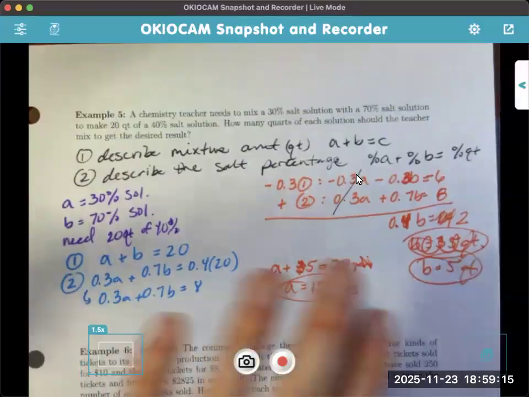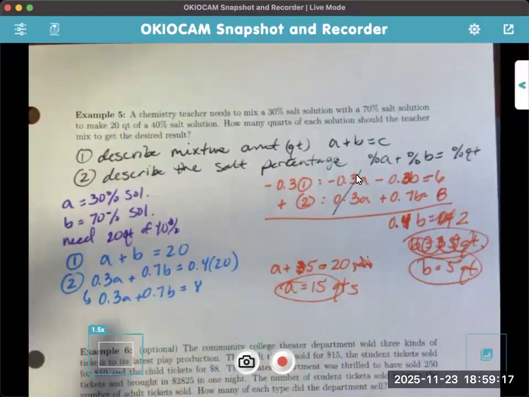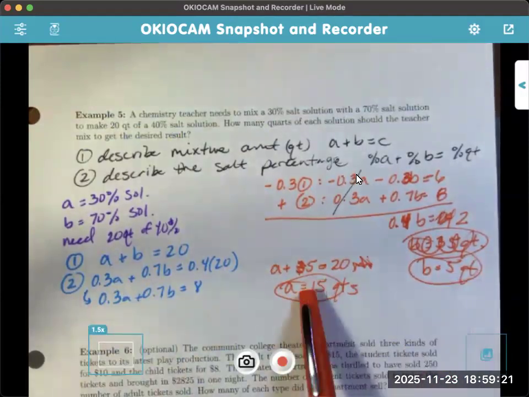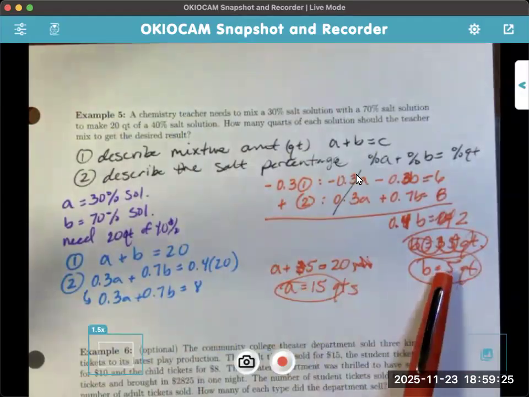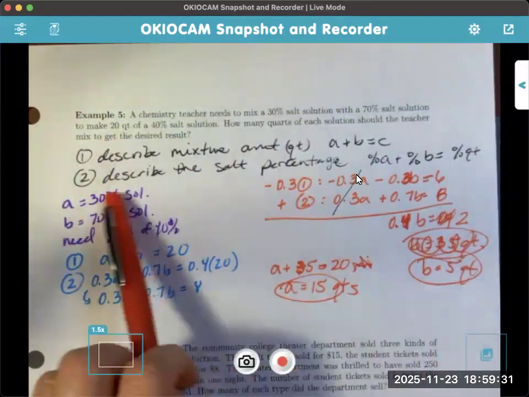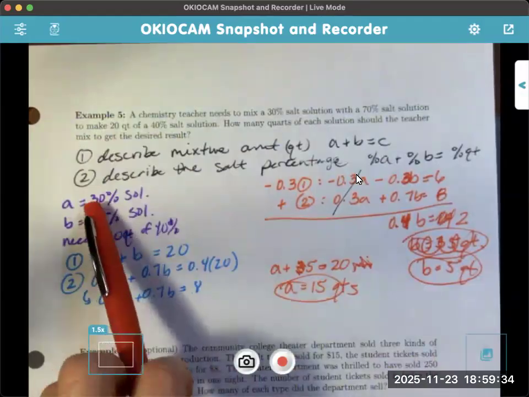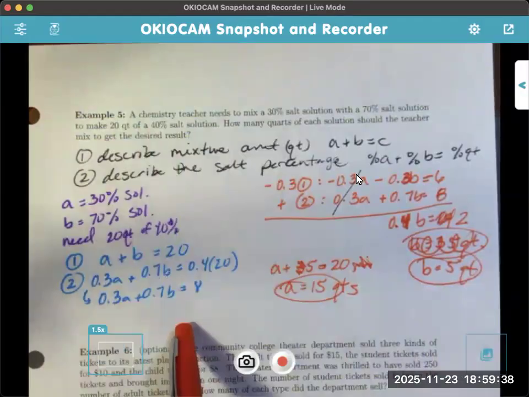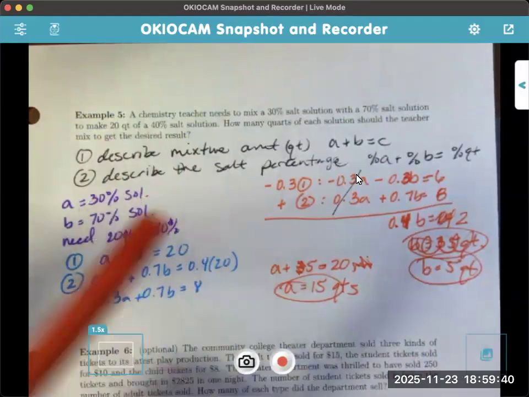And then always take a second to make sure that makes sense. Because basically you have 30% and you're trying to bring the salt solution up to the 40%. You're just trying to use the more potent, if you would, 70%, so that it brings the 30% up that 10%, if that makes sense.